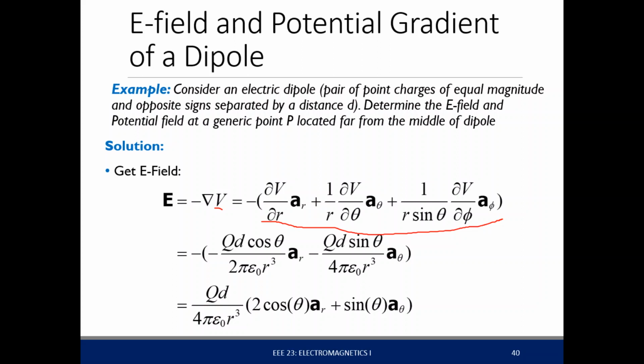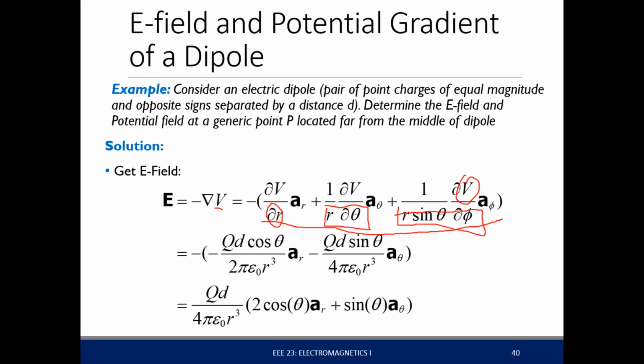So you see you have a change in voltage with respect to the radius, a change in voltage with respect to the arc length along theta, and a change in voltage with respect to the arc length on a circle that is parallel to the xy plane on the sphere. Okay? So that's how you interpret these three terms on your gradient for your spherical coordinate system.